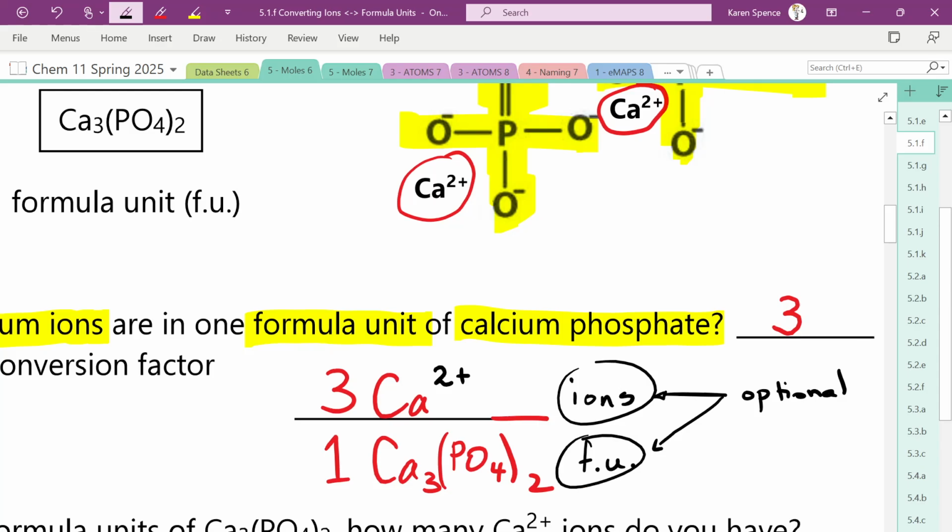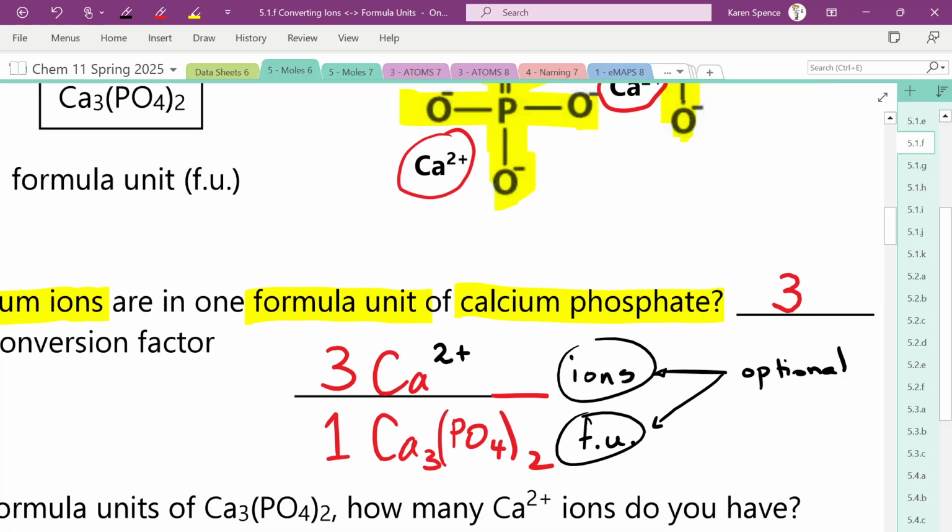So up to you whether you use that or whether you just stick with the actual particles. So there's really not much to it. If you can write the correct formula, you can find the particle ratio. Remember, this is the particle ratio. You write the formula and you count.